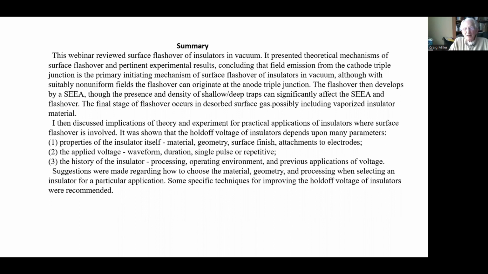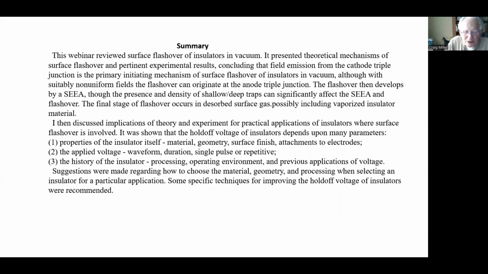I didn't mention that particularly, but consider ion microscopes, where effectively there is a large cathode and a needle anode. In this case, vacuum breakdown can occur by just disruption of the anode. So it's possible, depending on the geometry, that with extremely high fields at the anode triple junction, you could flash over starting there.